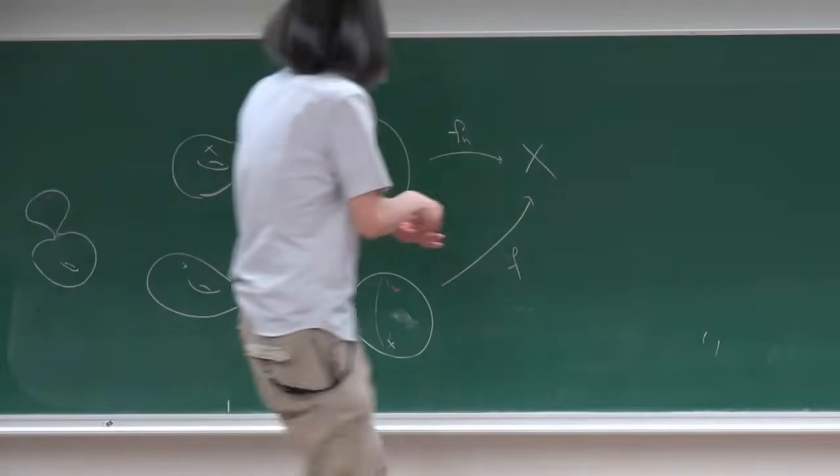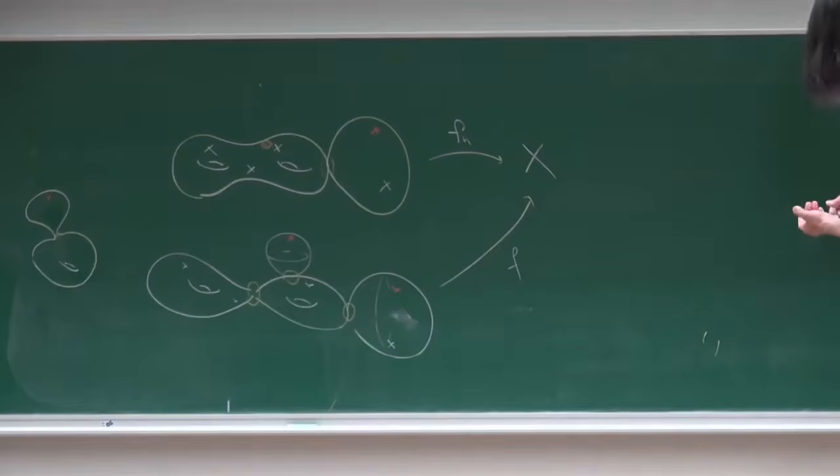Is it okay? So locally, I have this red point, right? And then I have something like this. And then the surface is somewhere like this. Like this.